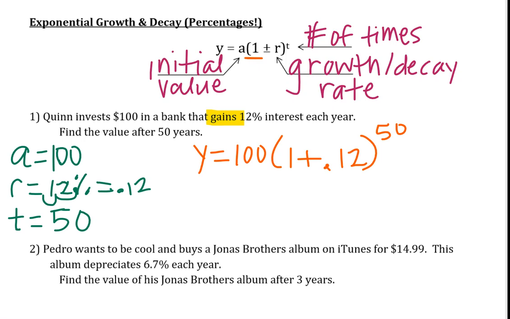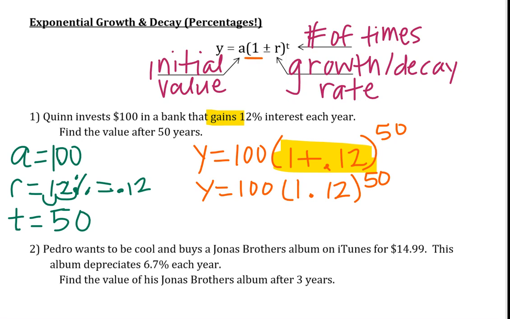So before you plug this into the calculator, let's go ahead and simplify this part inside of the parentheses. So I'm going to get y equals 100, parentheses, I put 1 plus 0.12 in the calculator, and I get 1.12 to the power of 50. Okay.